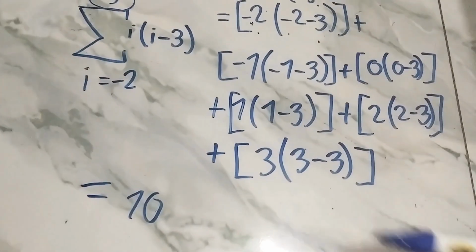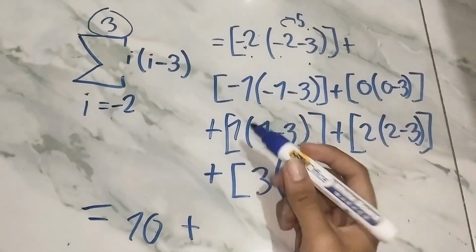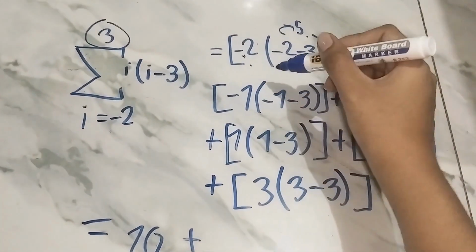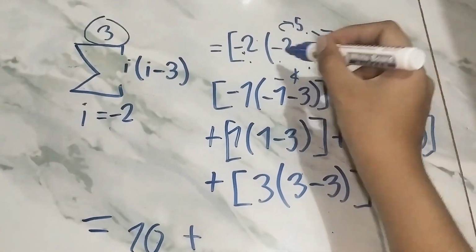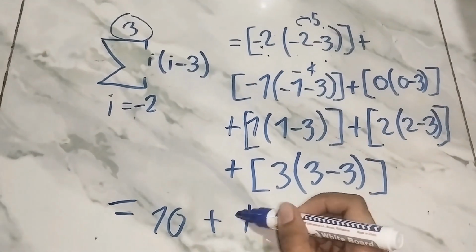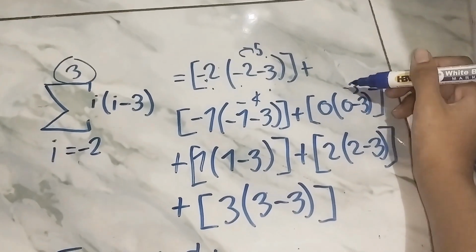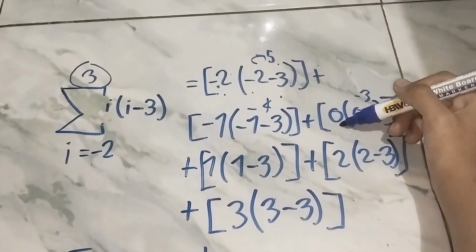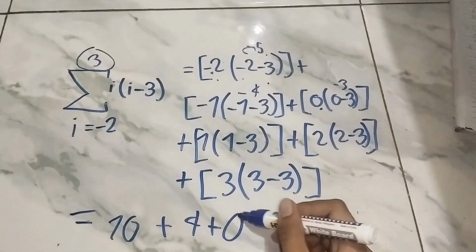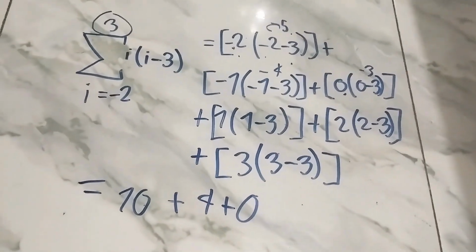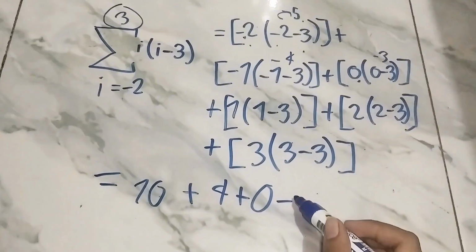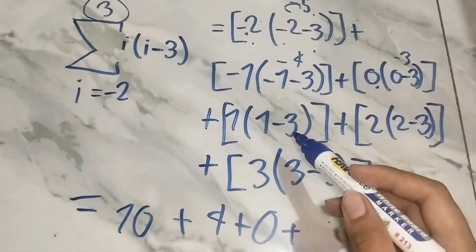Next, we have -4 times +4... so this is going to be still -3. Anything multiplied by 0 is, of course, 0. So it's not necessary to put the 0 here, but so you don't get lost, we're just going to add them. Anyways, let us proceed.